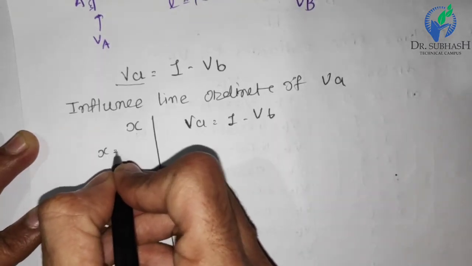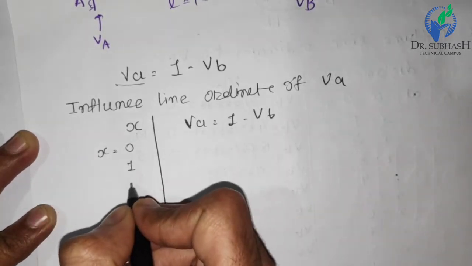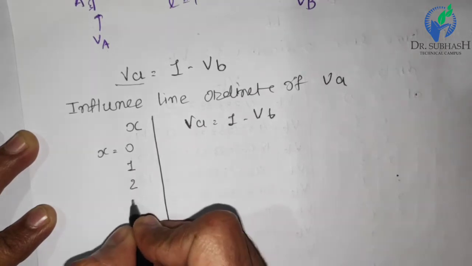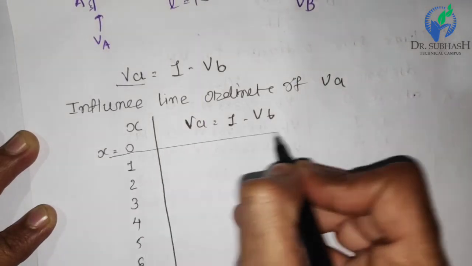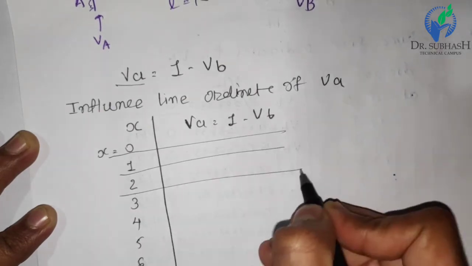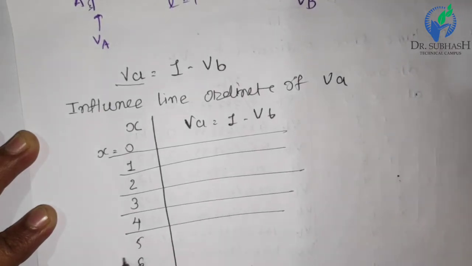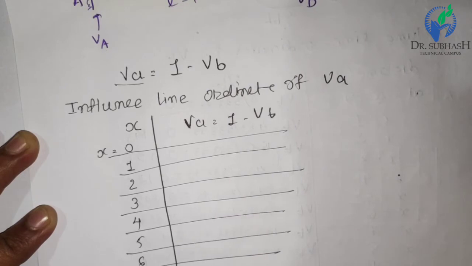So X is equal to 0, and we take the values of VB for 2, 3, 4, 5, 6, 7, 8, 9 and 10. These 10 values we find for the ordinates of VA.